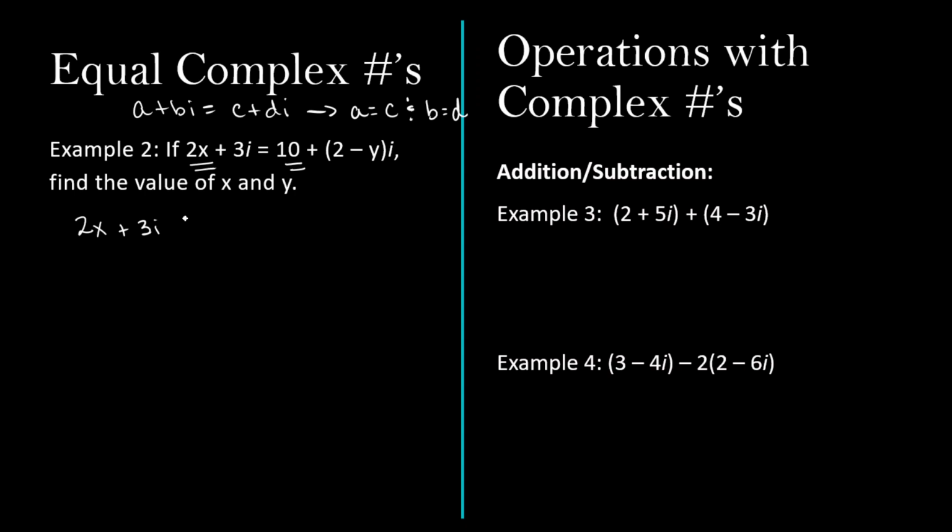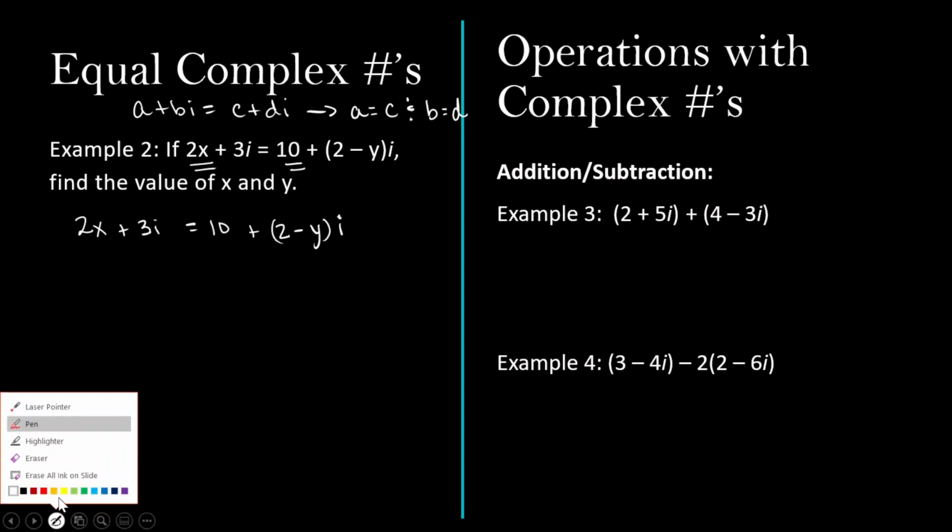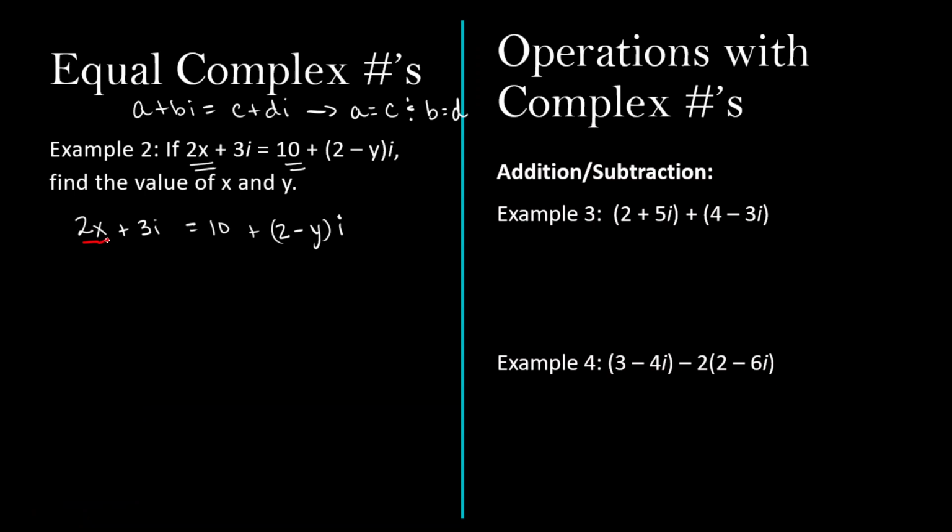So let's rewrite this down here. I'm going to take the real parts and set them equal to each other. And that would give me an x equal to 5.